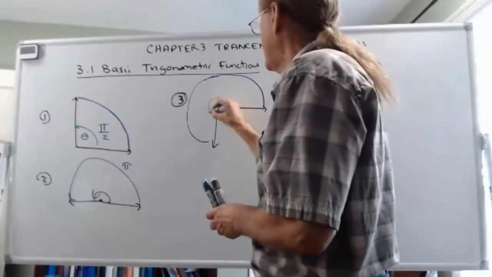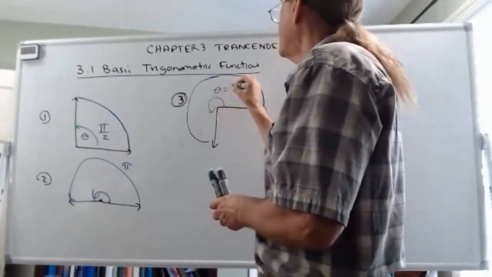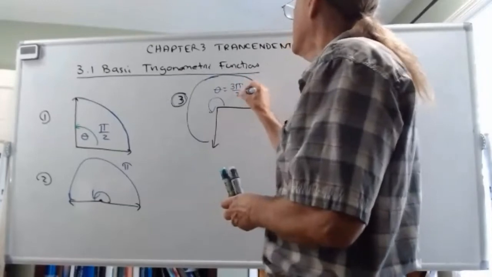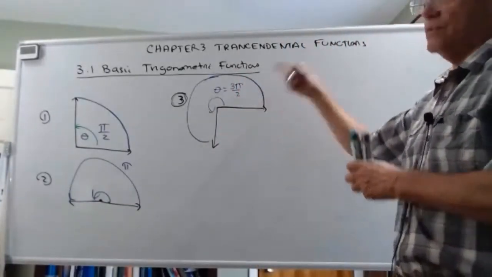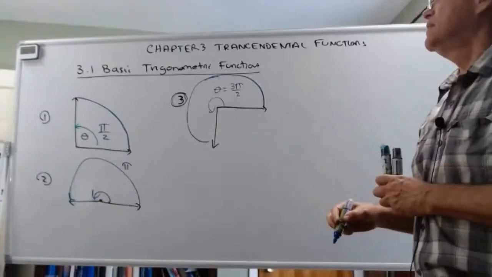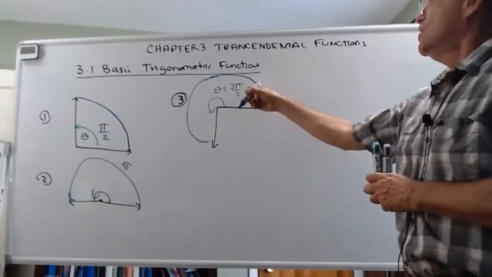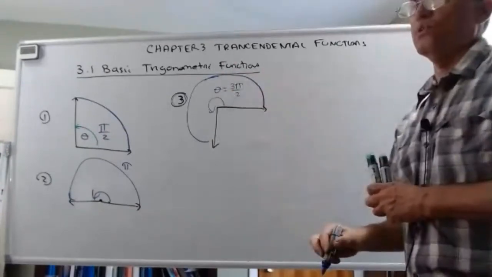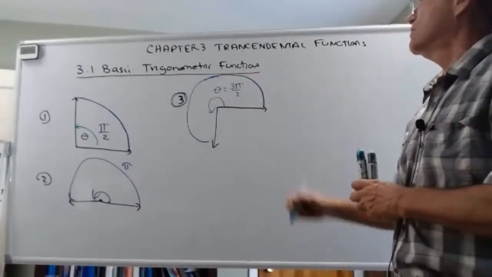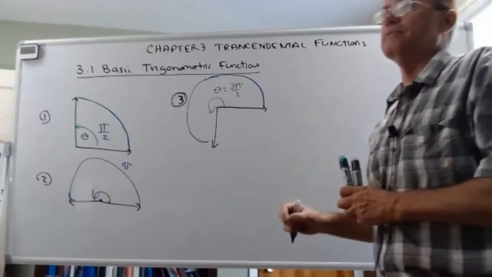This angle of that measure, theta, is 3 pi over 2. Then I come back one more pi over 2 to 4 pi over 2, which is 2 pi. So that's how you measure in increments of the distance around a unit circle. Not a degree measure, it's an actual number.